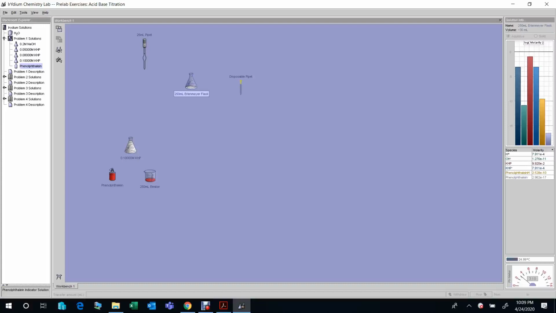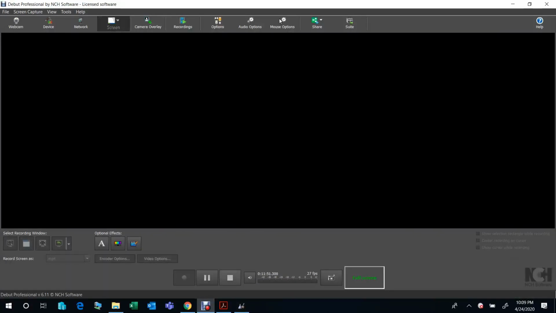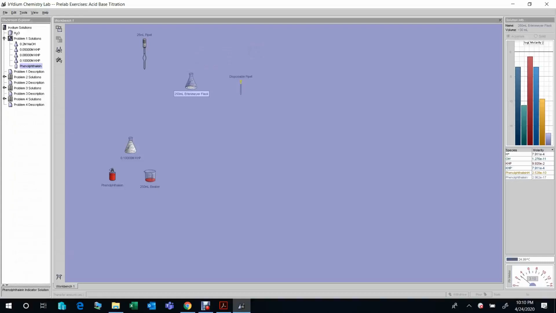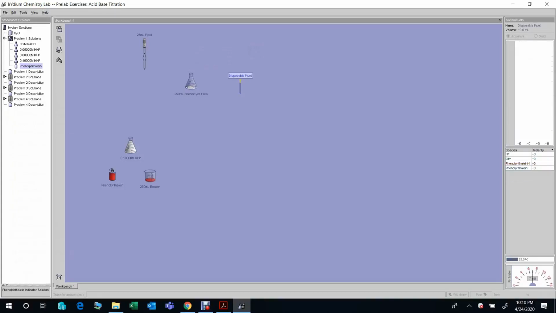That means we successfully added some indicator to this Erlenmeyer flask. Okay, just now we added 25.00 milliliter KHP solution, and then we also added some indicator, right?